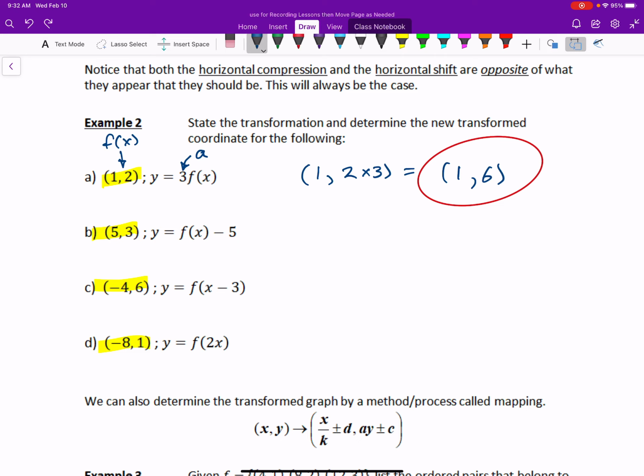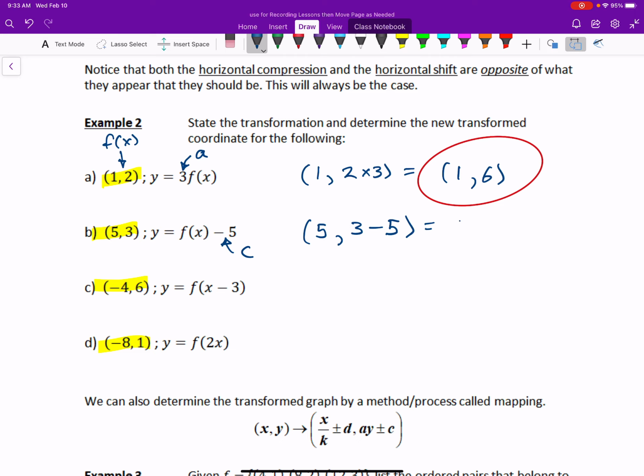For the second one, judging on where this value is, it's not inside the function. Inside the function would be inside the brackets. It's not right after the equal sign either. This is a c value. This is something that comes at the end. That's a vertical shift. Vertical shifts affect the y-axis, don't they? So if I take (5, 3), and it's a vertical shift, in this case minus 5, I'm going to move the y value down by 5, so I subtract 5.